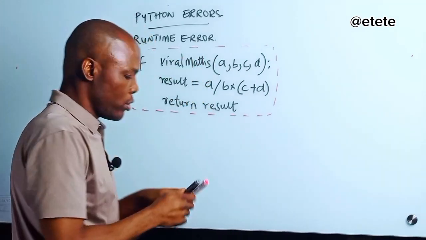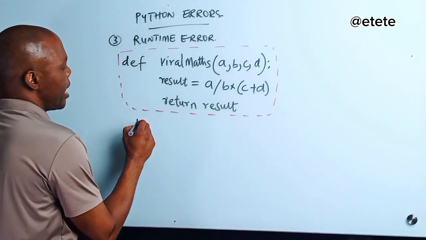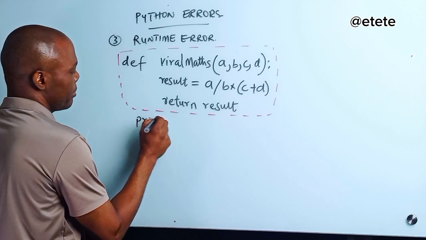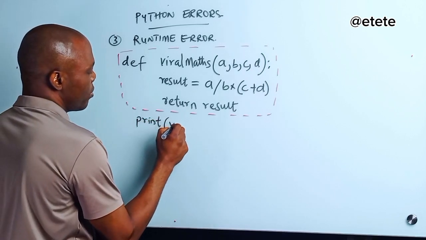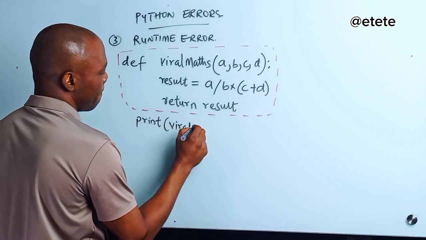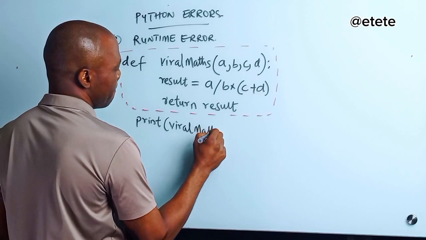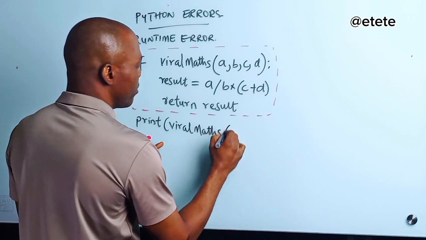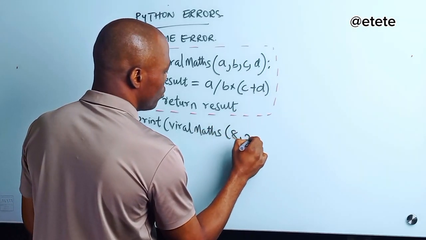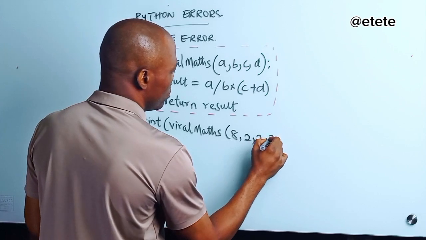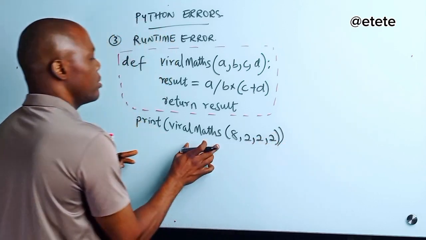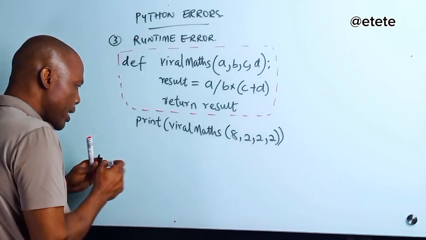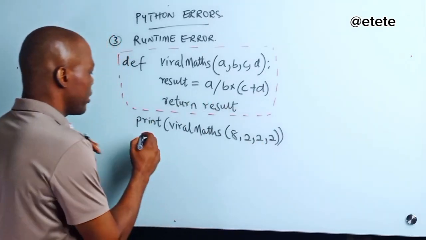Now I want to call the function. So here I will say print, and then I will call varamat, right? And I will supply 8, 2, 2, 2, right? To it. Then I want to call the function again the second time.